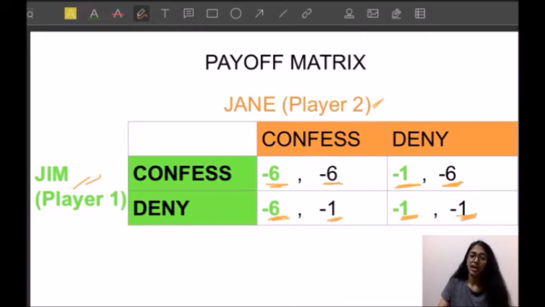So by the underlining procedure that we saw in the previous video, we can clearly conclude that all four are the outcomes of the game.